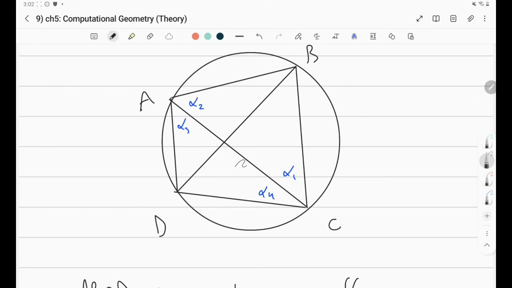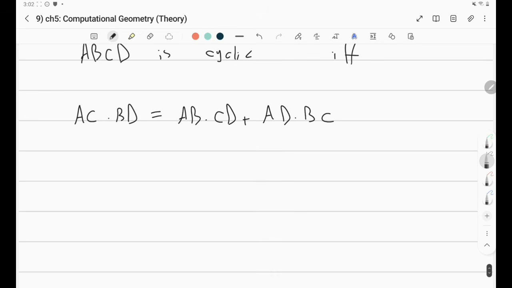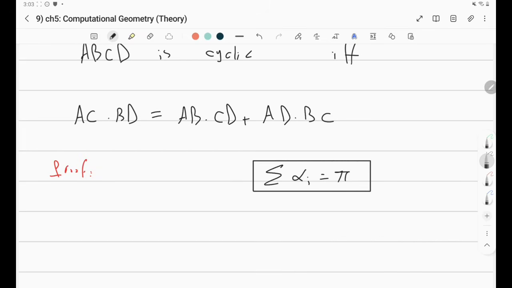Remember that we do know a relation between them, so the sum of the alphas is just 180. So right now, just to prove this, just keep in mind that the sum of the alphas is just 180. Just I'm going to write pi. Let's keep that in mind.